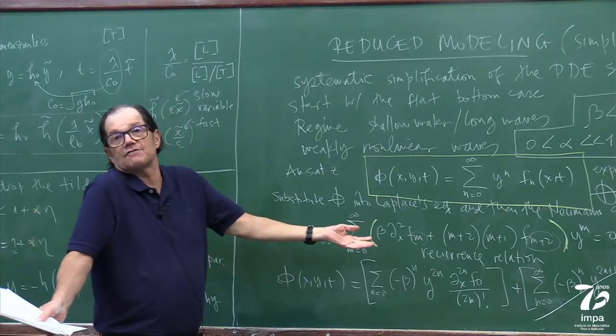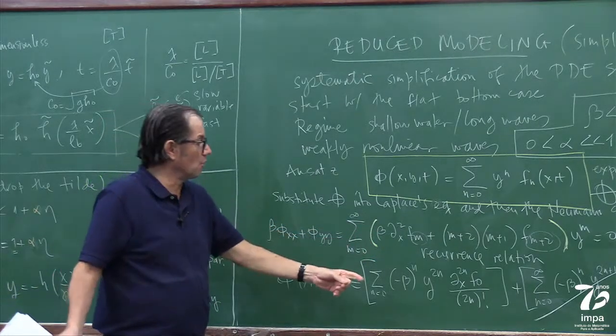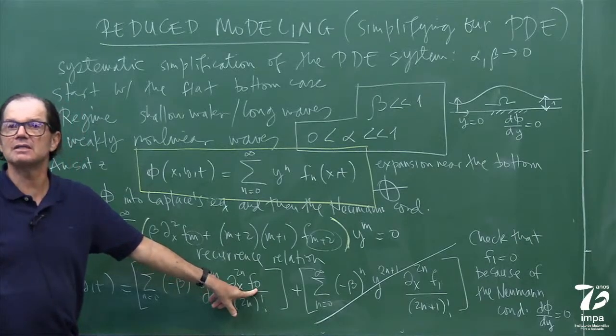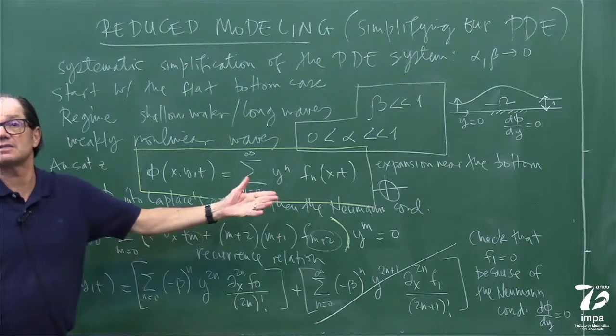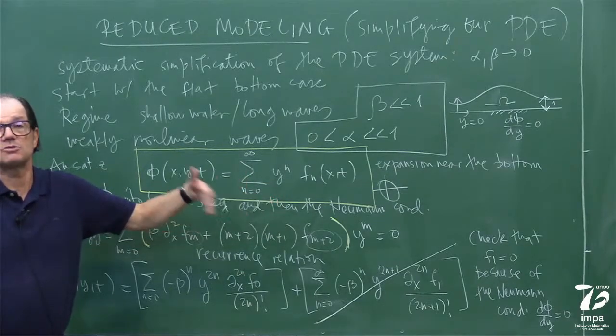And if this whole part doesn't play a role anymore, why do I need to keep the index 0? I'm just going to call this F. It's the only one that survived.